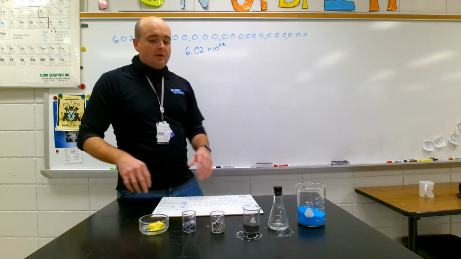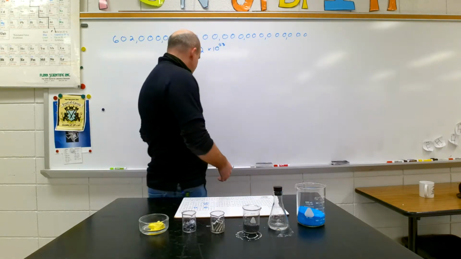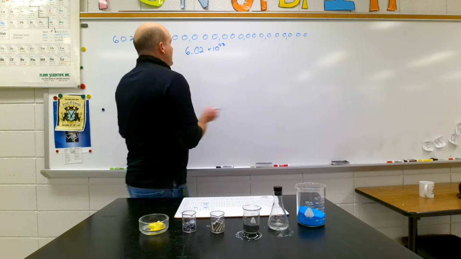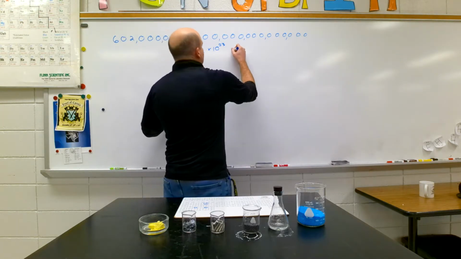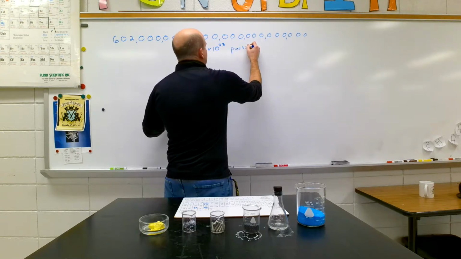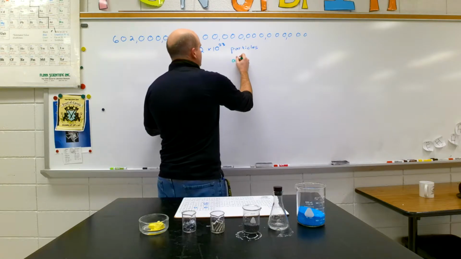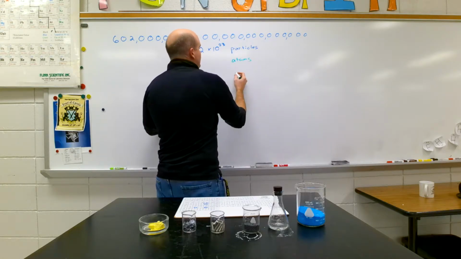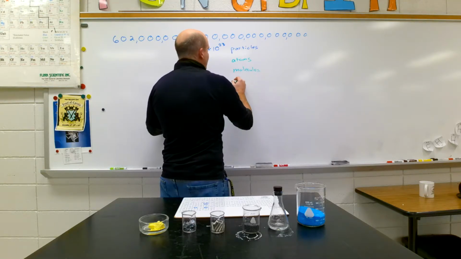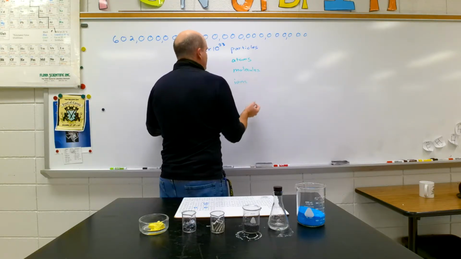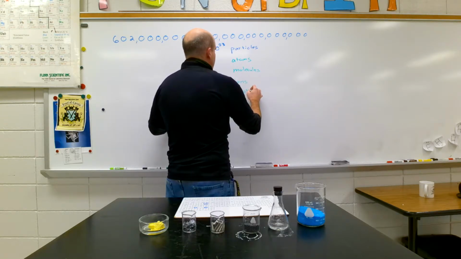Okay? So, when I say particles, now we know that those can be different things. So, 6.02 times 10 to the 23rd particles could be either atoms, it could be molecules, it could be ions, we won't do that today, or it could be elements, right?